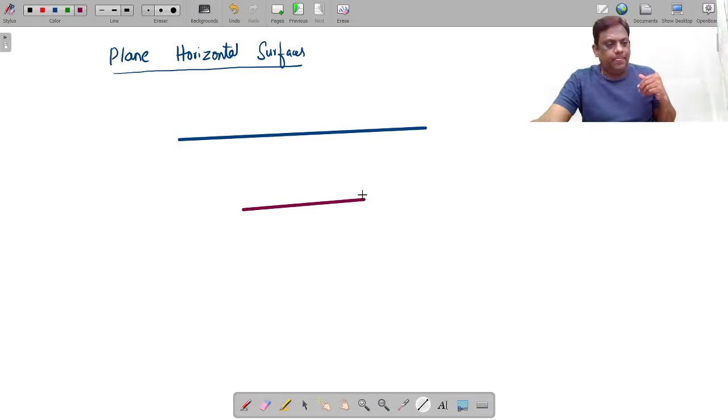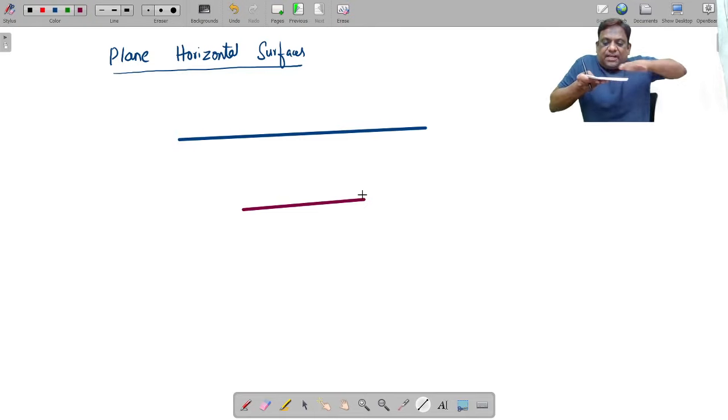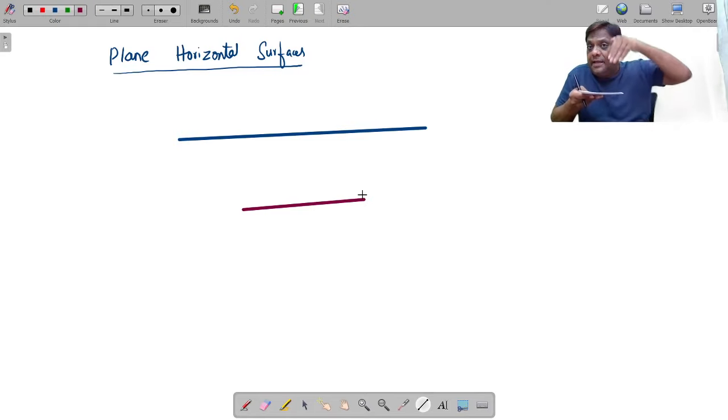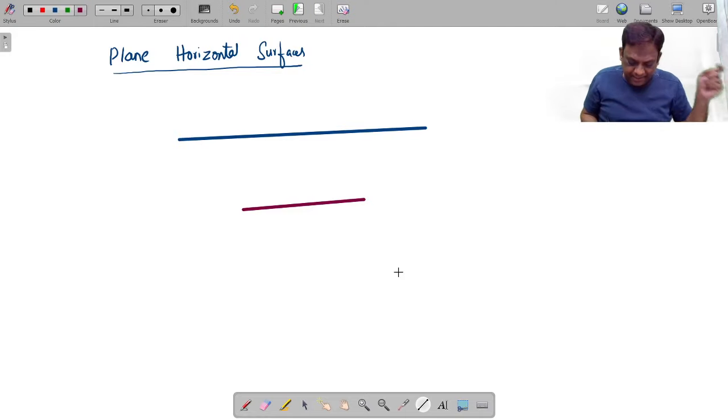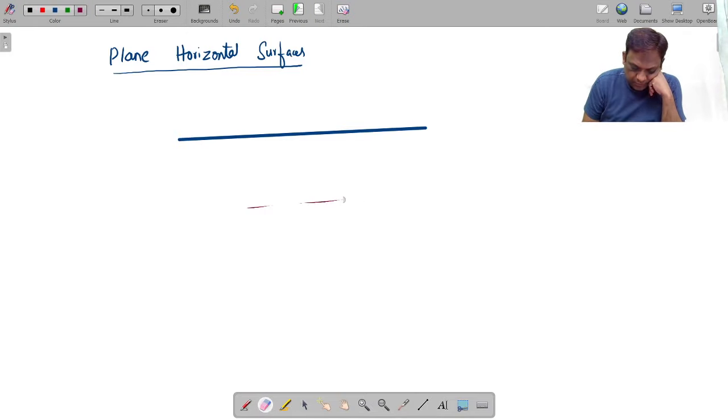It's like this now, all of you. This is the plane surface and horizontal. Now let us try to calculate the hydrostatic force on this plane horizontal surface. Very good. Chalo.